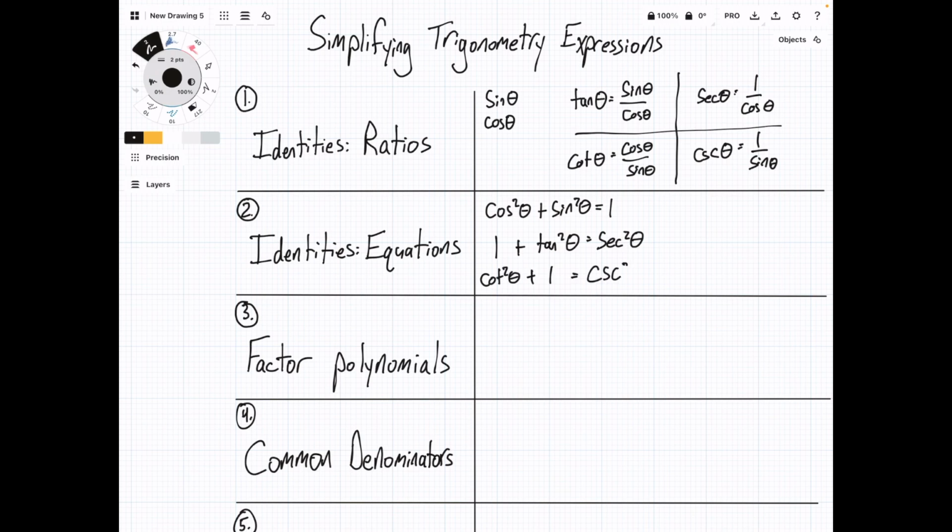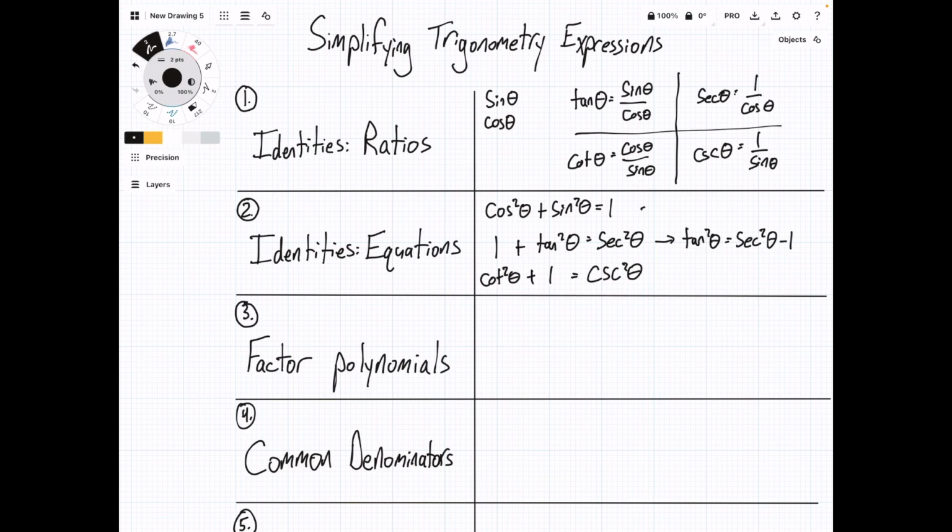These equations are cool because basically you can take any squared trig function and figure out how to rewrite it in other terms. For instance, say we wanted tan squared theta. We could take this equation here, and we'd have tan squared theta equals secant squared theta minus 1.